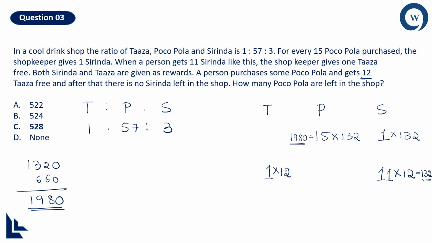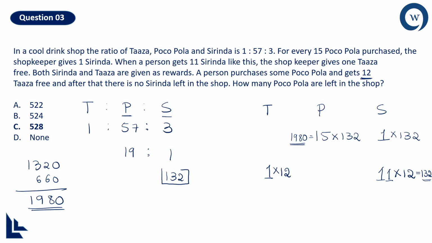Now, the next part of the calculation goes like this. If you see the Coca-Cola and Sirinda ratio initially, it was something like 57:3. Simplify this with the table of 3, you will get 19:1. This was the initial ratio. And you already know that the total number of Sirinda was 132.